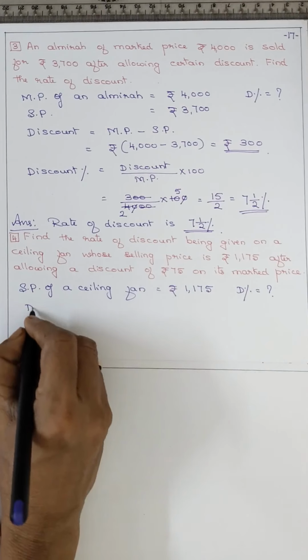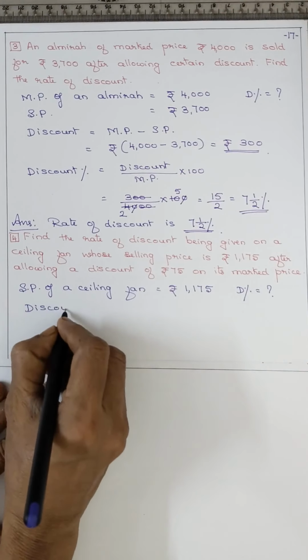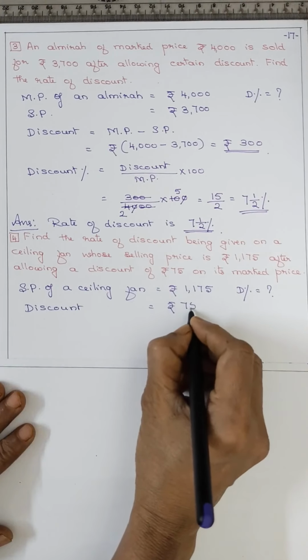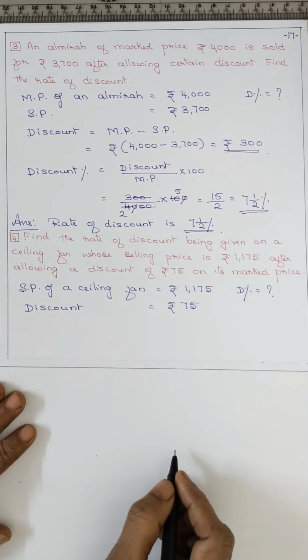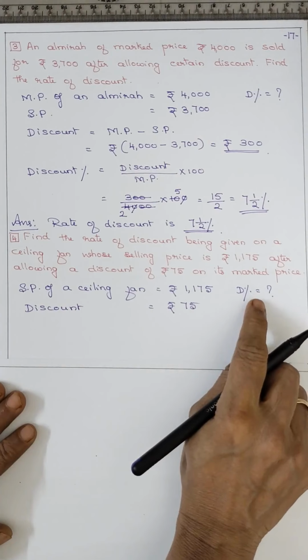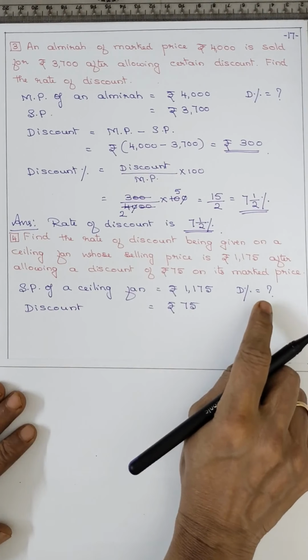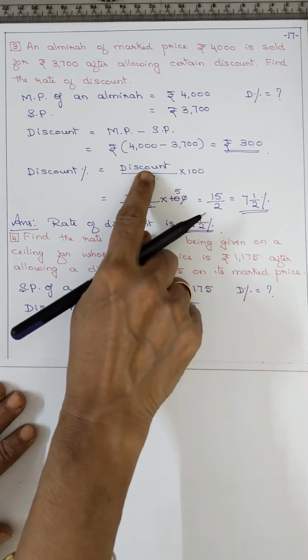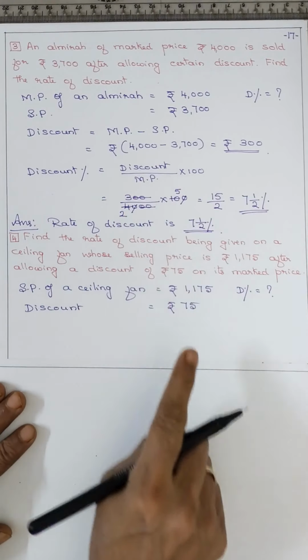So now discount is given. How much? Rupees 75. Now they have asked you to find out the discount percent. Now what is the formula for discount percent? Discount percent is equal to discount upon MP into 100.